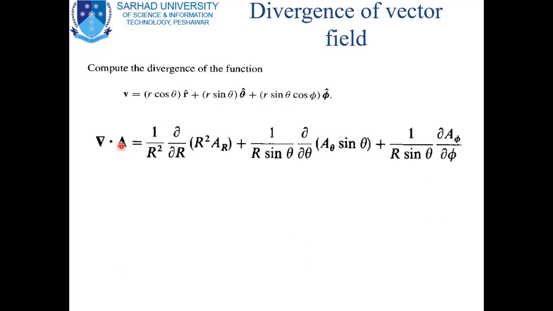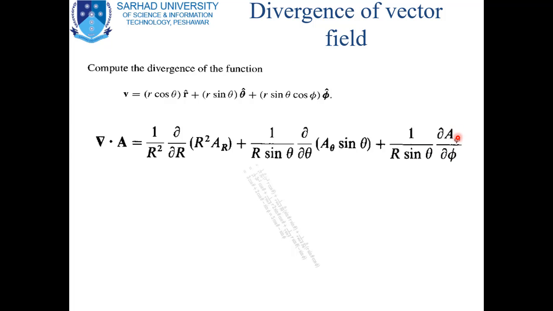The divergence of any vector in spherical coordinates is given by 1 divided by r squared del over del r of r squared times the r component of the vector, plus 1 divided by r sin theta del over del theta of the theta component multiplied by sin theta, plus 1 divided by r sin theta del over del phi of the phi component of the vector.